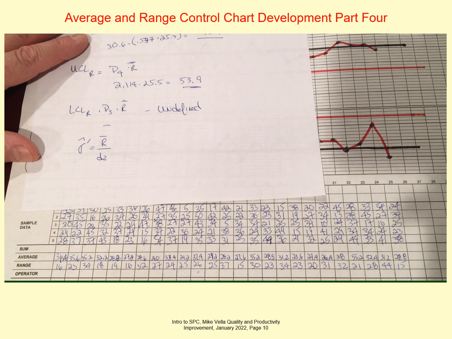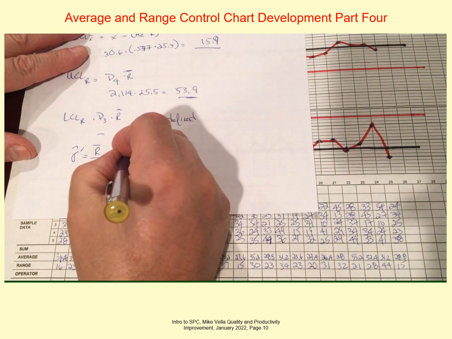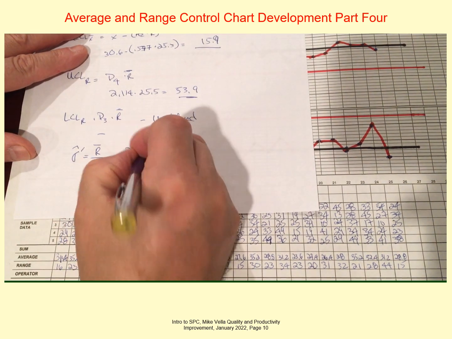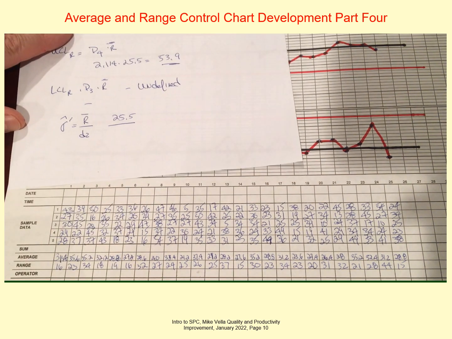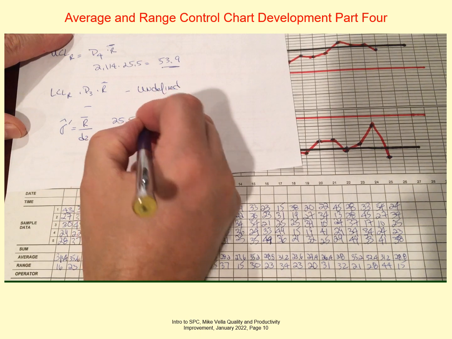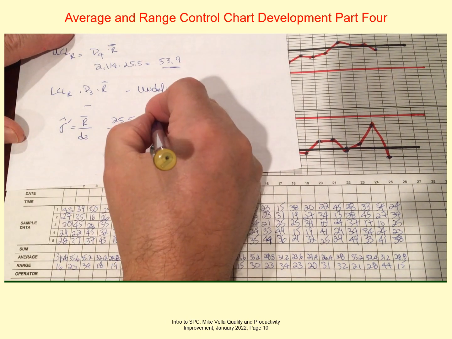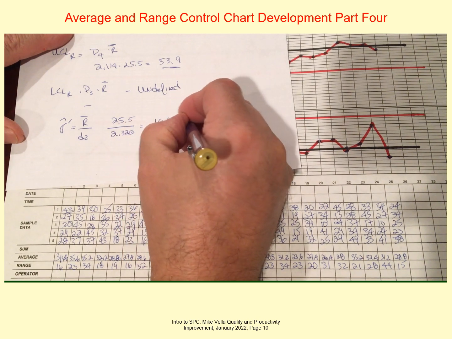Again, you'll find that in the table. So our R bar right here was 25.5, and the factor d2 for a subgroup of 5 is 2.326. So our estimate of our standard deviation turns out to be 10.96, roughly 11.